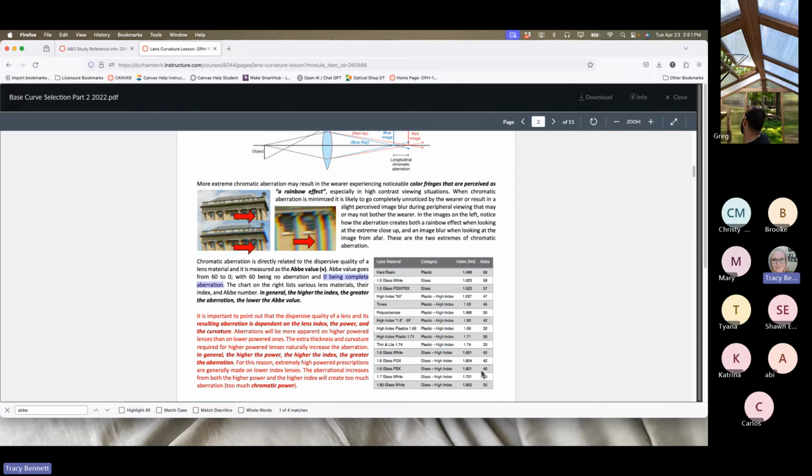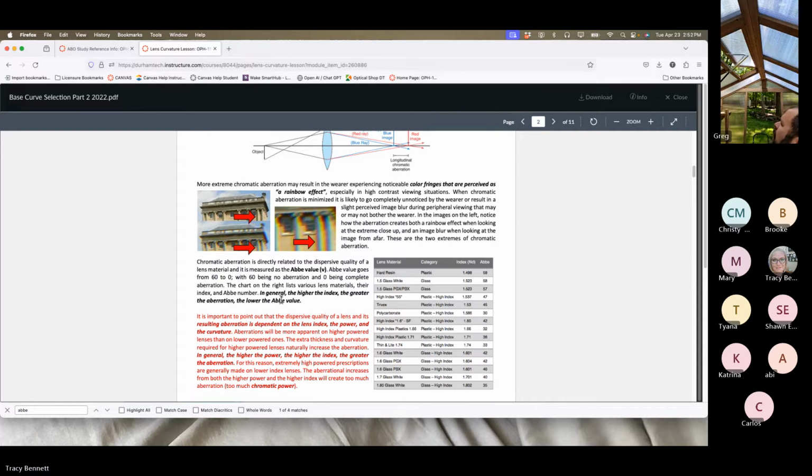It's not 100%, it doesn't work exactly like that, but it does generally. So just remember that a higher Abbe value is a good thing. Higher Abbe, less chromatic aberration; lower Abbe, more chromatic aberration.